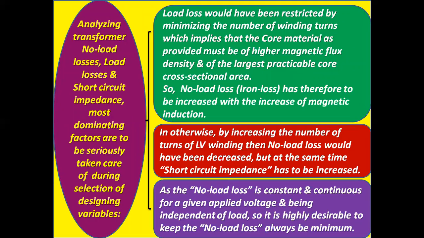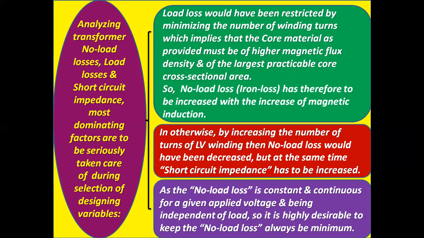Analyzing transformer no load losses and short circuit impedance, the most dominating factors are to be seriously taken care of during selection of designing variables. Load loss would have been restricted by minimizing the number of winding turns, which implies that the core material as provided must be of higher magnetic flux density and of the largest practicable core cross-sectional area.